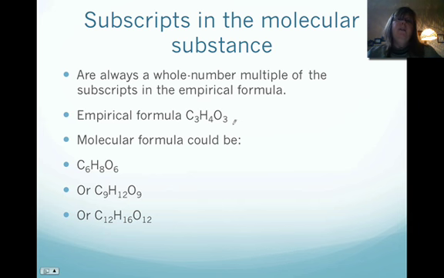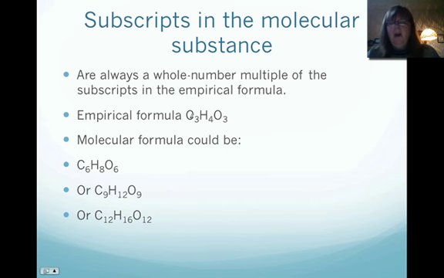The molecular formula could actually be the same as the empirical formula, or it could be a multiple, so where everything is doubled, C6H8O6, or tripled, C9H12O9, or it could be where each thing was multiplied by 4, C12H16O12. But it's always going to be a whole number multiple of the subscripts of the empirical formula.